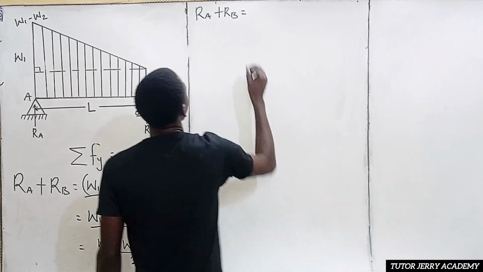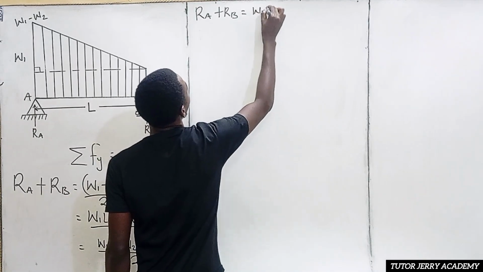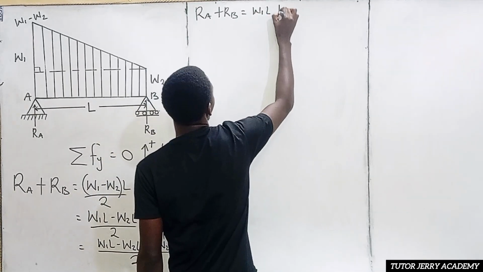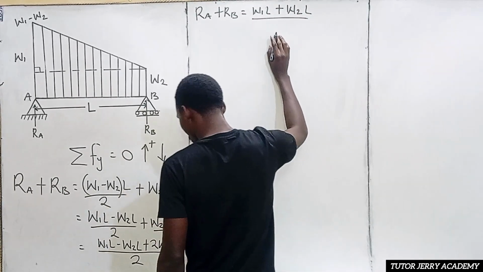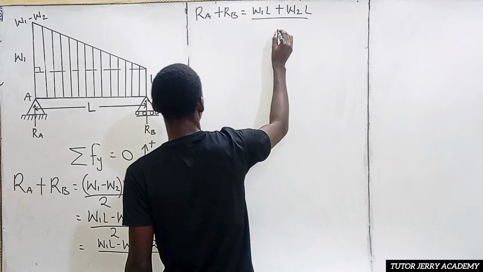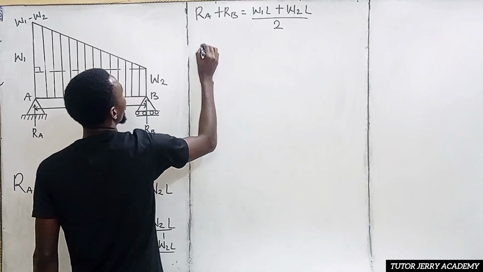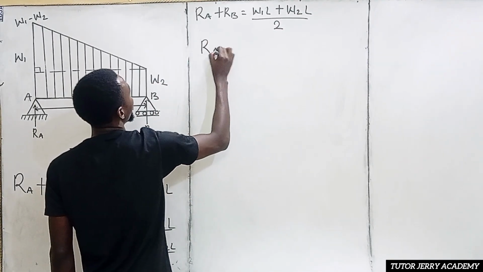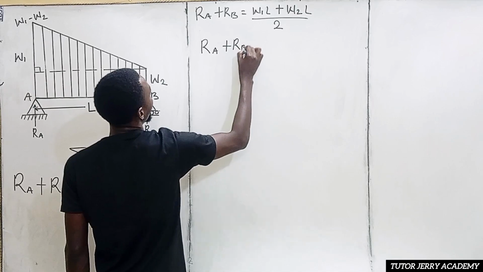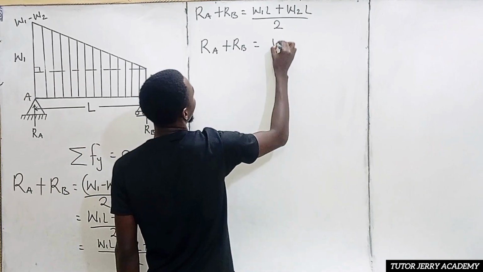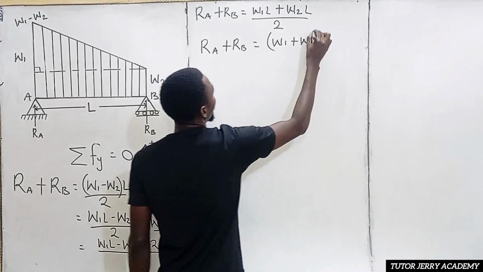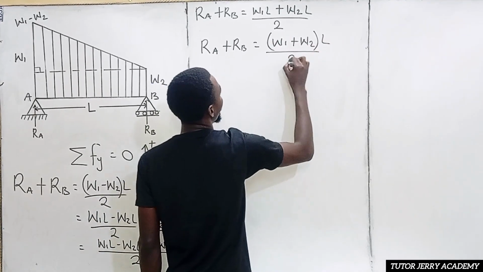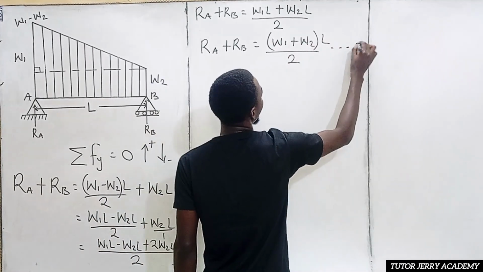That is, we are going to have this to be what? W1L plus W2L all over what? All over 2. All right. So if we factor out L from there, I'm going to have RA plus RB to be equal to W1 plus W2 into L all over what? 2. So let's call this equation number 1.